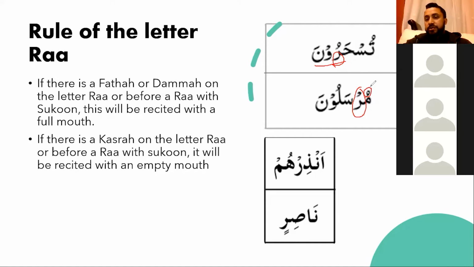With the Ra sukoon, if either a dhamma or a fatha comes before it, it will be recited with a full mouth. Or if the Ra has a dhamma or a fatha on top of it, it'll be recited with a full mouth. Do we have any questions, guys?